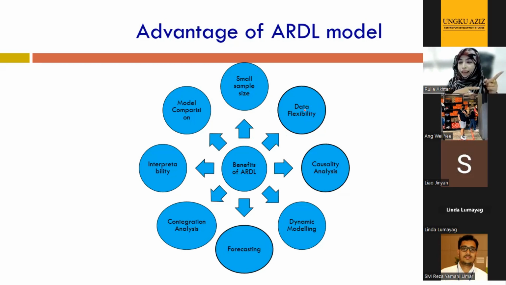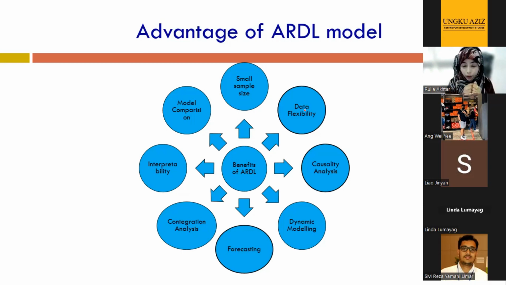Previously, I mentioned the vector autoregression model, or VAR model. At that time, the variables had to be integrated at the same order. But here, no need. We can easily use I(1), I(0), or a mix of both. So some variables are stationary at level, and some are stationary at the first difference.